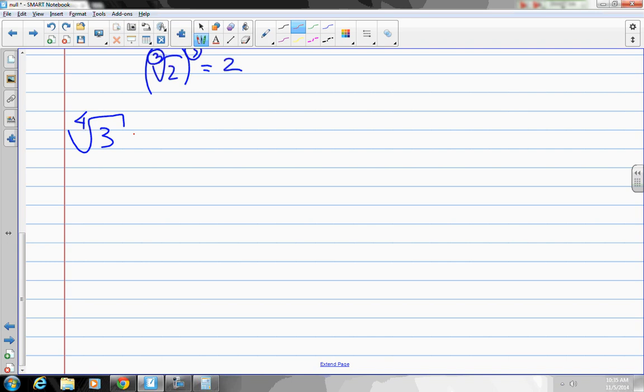So you need 3 more of this, right? You would have to multiply by the 4th root of 3 cubed. That will give you the 4th root of 3 to the power 4, which is 3. You want this power to match that power.